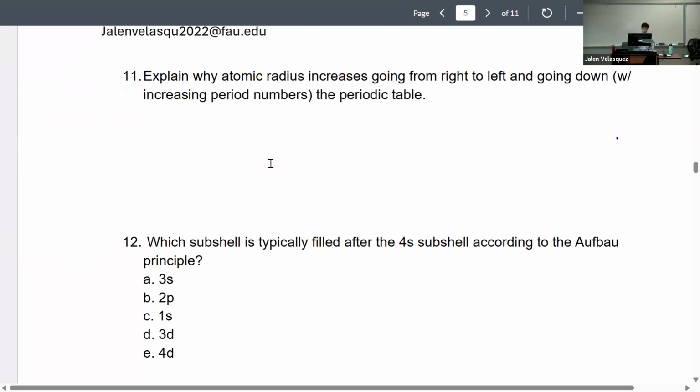What is increasing going to the right across the periodic table? So okay, that's true, but it has to do with the protons. There's another trend that had to do with protons. Yeah, so okay, we're getting there. They're more attracted. Why are they more attracted? If we have more protons, who remembers what this is? Anybody remember the name of that Z with the star? Remember, this is the effective nuclear charge.